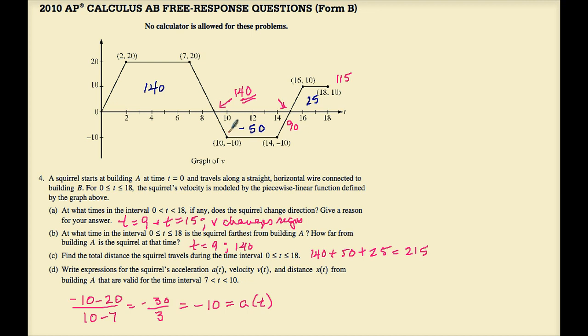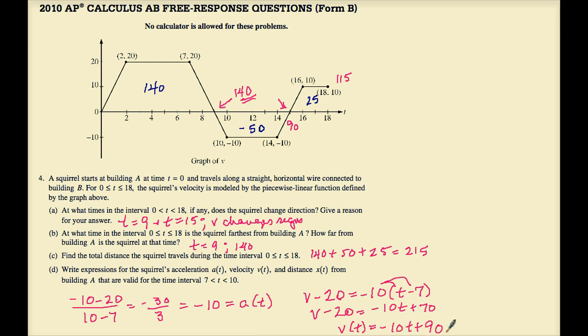We know the slope, so with that value and one of the points, we can write the equation of this line. V minus 20 is equal to -10 times t minus 7. Let's distribute the negative 10. V minus 20 is equal to -10t plus 70, which means v of t, our velocity function, is -10t plus 90.